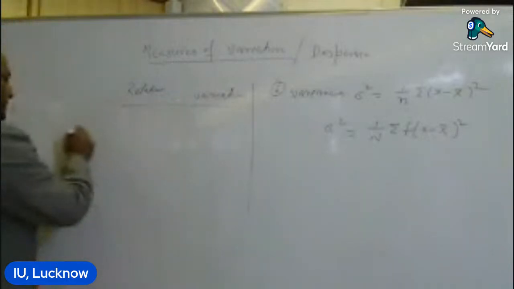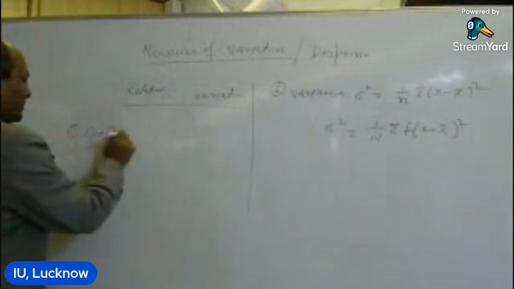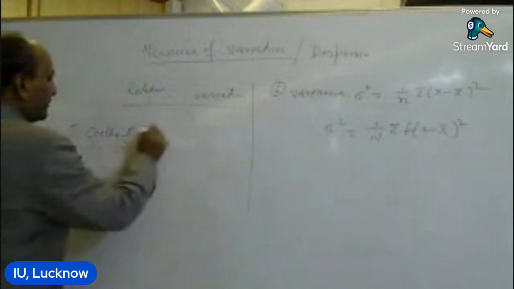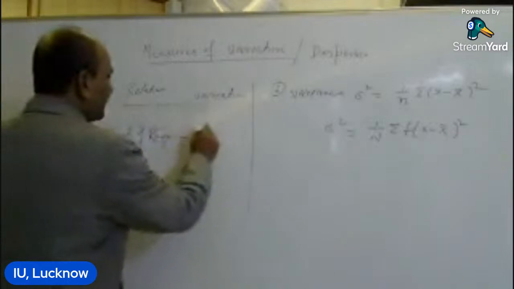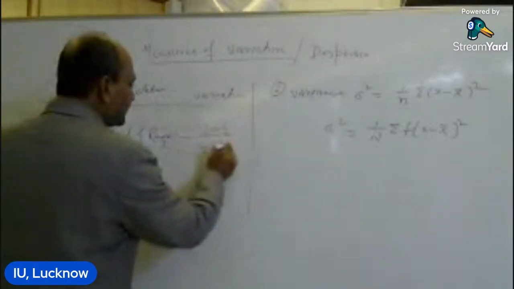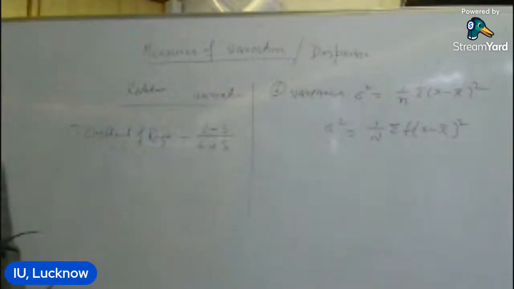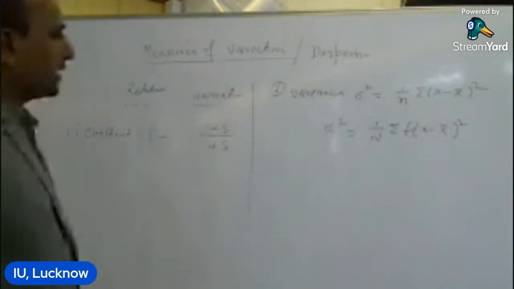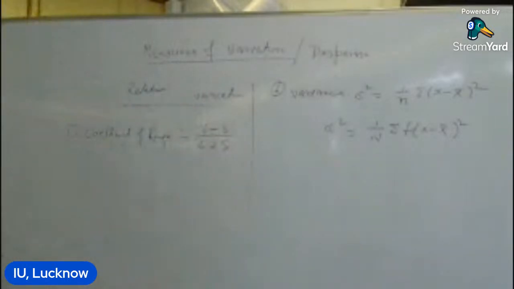So the first one is coefficient of range, and this will be the formula: largest minus smallest value divided by largest plus smallest value. This will give you a unitless value, and this is used for comparing the range of one variable to the range of another variable.